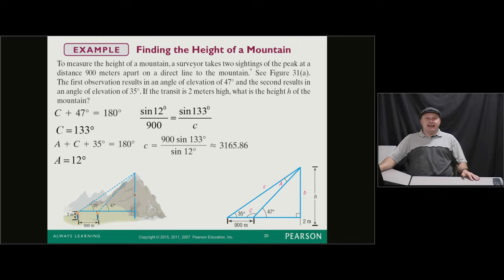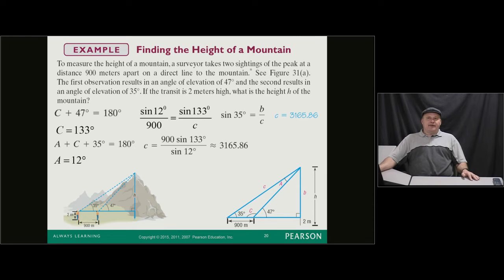So C is that. From that outer edge to the peak is 3,165.86 meters, from that outermost point to the top of the peak.